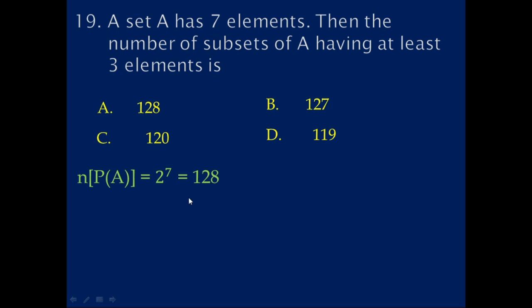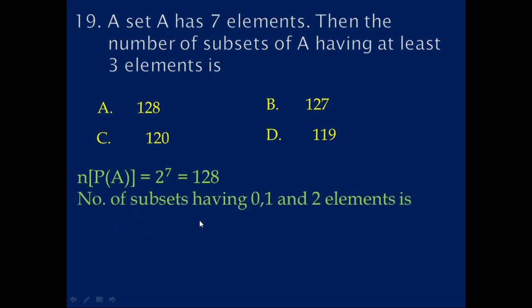Therefore, here we delete the total number of subsets having 0 elements, 1 element and 2 elements from the total subsets. The number of subsets of a set having 0 elements, 1 element and 2 elements is exactly equal to, total number of elements 7, 7C0, and 1 element sets is 7C1, 2 element sets is 7C2.